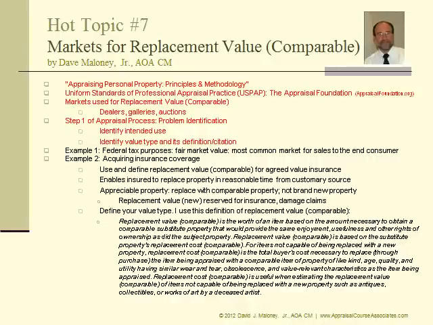Without having first identified intended use and value type and definition, the appraiser is unable to identify the most appropriate market and, as a result, would be unable to continue with the assignment.